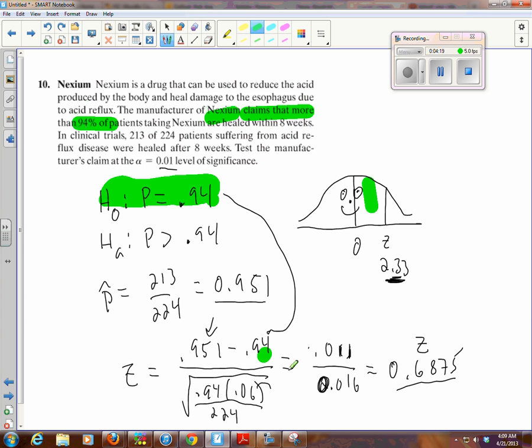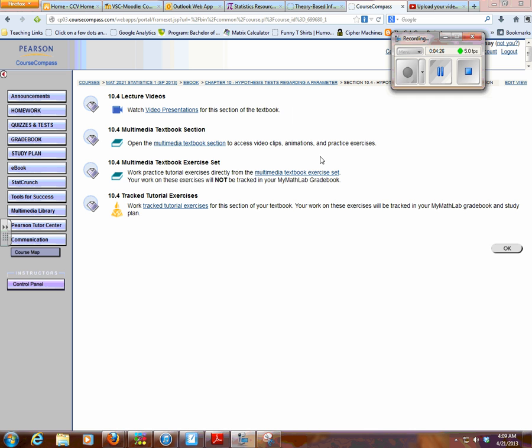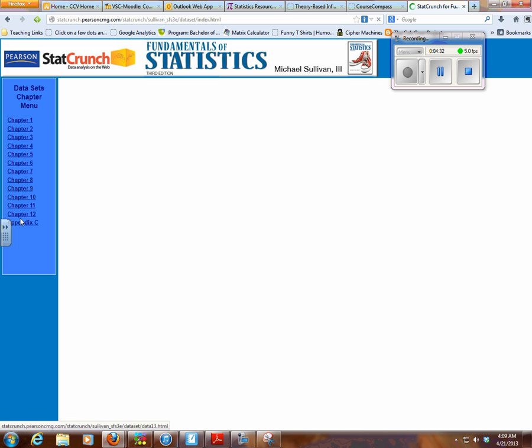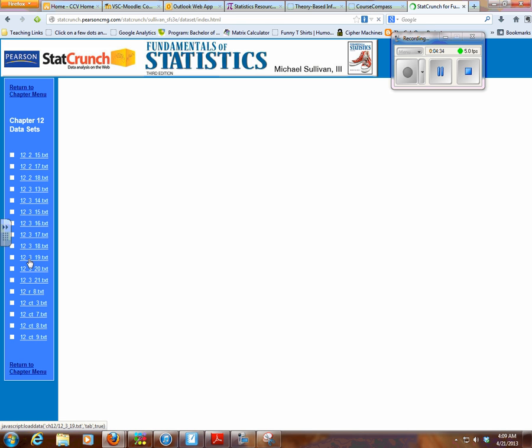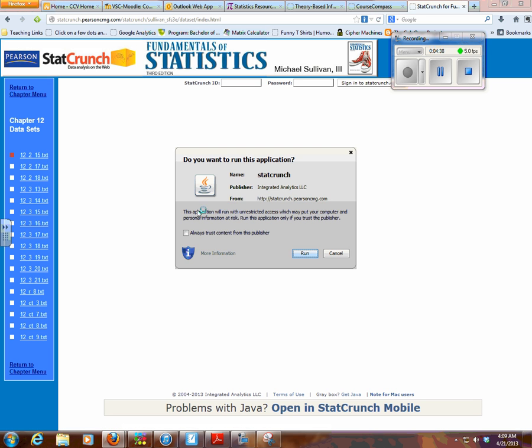Okay, now we could also do this with p-values if we wanted to, because they aren't specifying. And I'm just going to, out at my math lab, open up a new StatCrunch window. It doesn't matter which, we just want to get a window out there. So I'm just going to open up any data set.